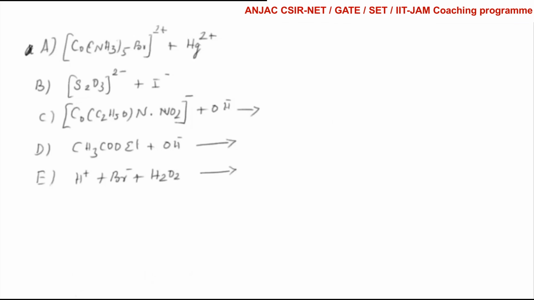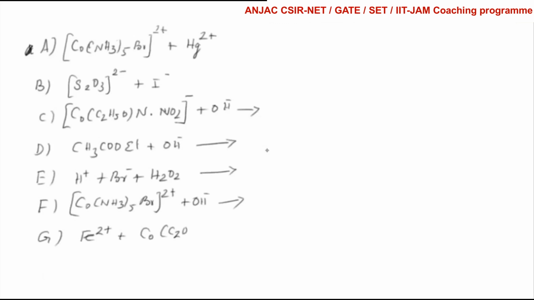And reaction E: Co(NH3)5Br 2+ plus OH-. Then F and G: Fe 2+ plus Co(C2O4)3 3-.